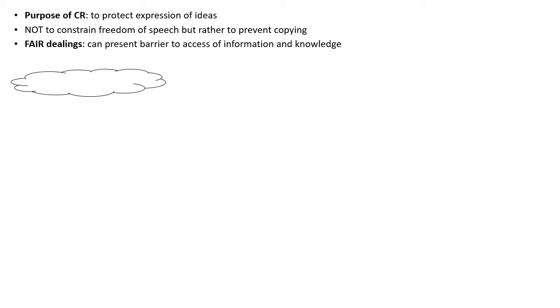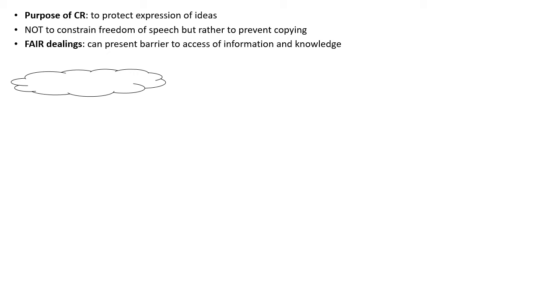So these 3 exceptions or exemptions include when works are used for the purpose of research or private study, or when works are used for writing a review or criticism of the work, and then also when works are used for the purpose of reporting current events in a newspaper, magazine, or similar periodical, or by means of broadcasting.